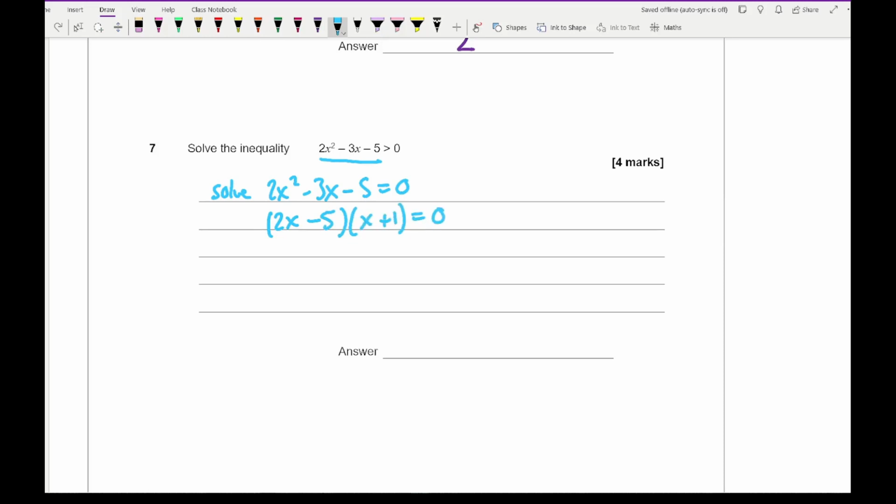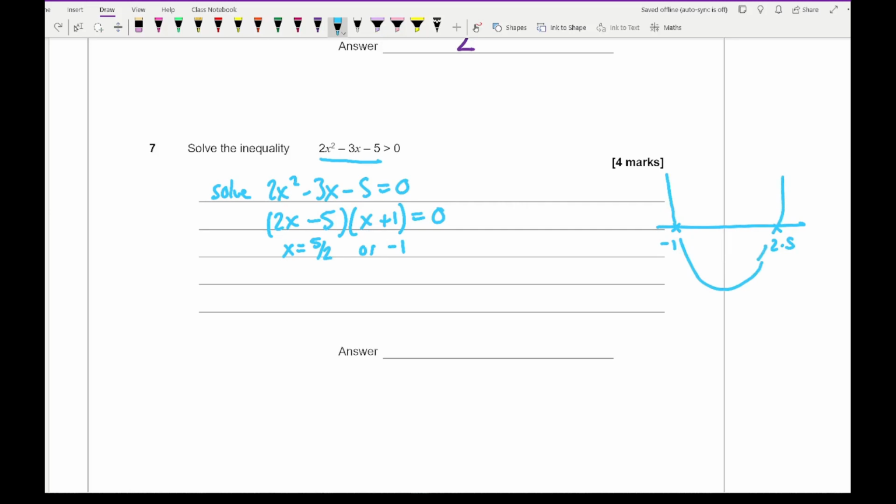From this, what I can then do is a sketch. Here I've got solutions at 5 over 2 or at minus 1. If I imagine that this is at minus 1, this value here is at 2.5, and I've got my U shape, because obviously it's a positive parabola.